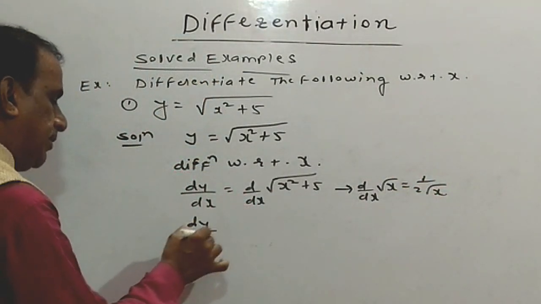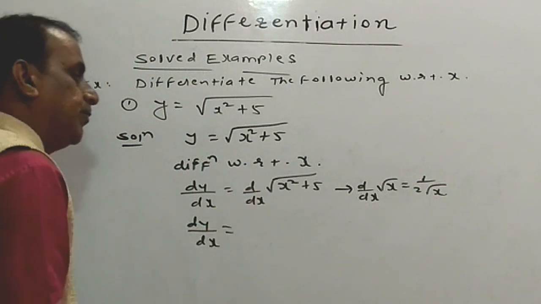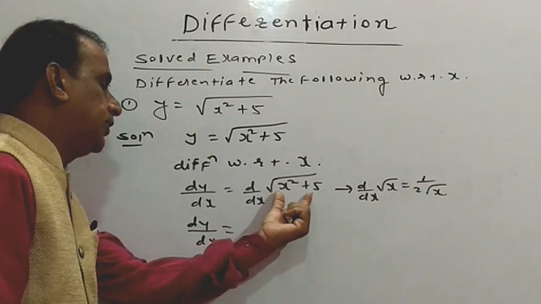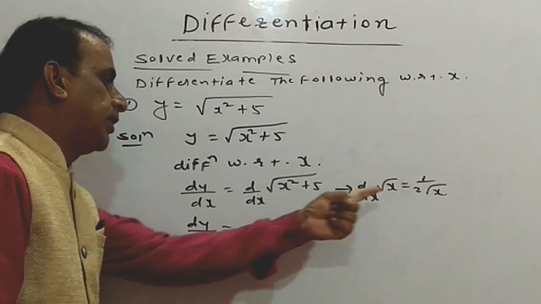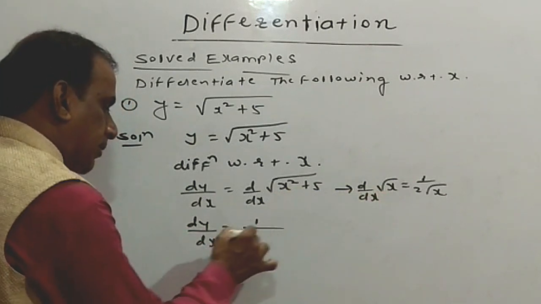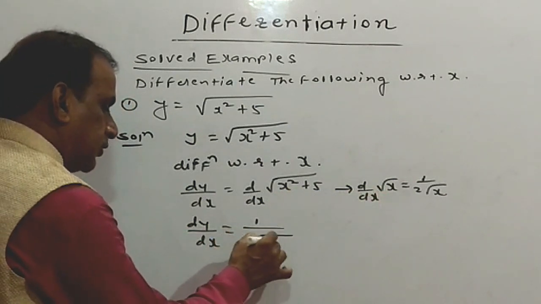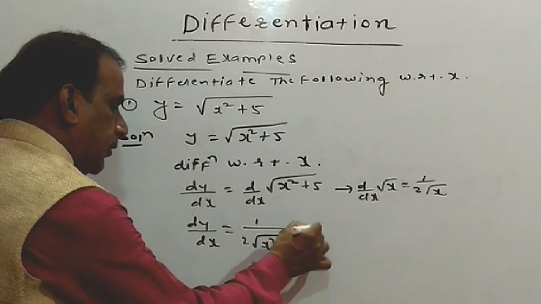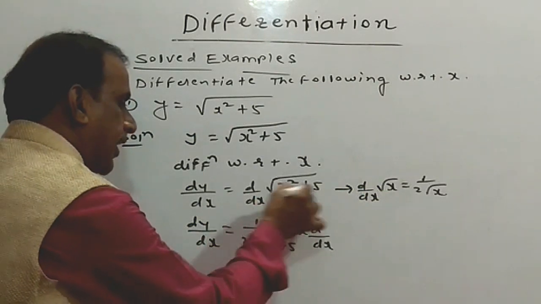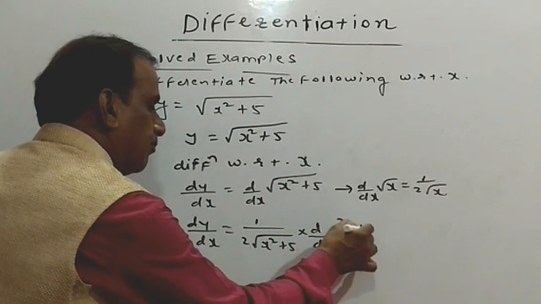Means dy divided by dx is equal to derivative of square root x square plus 5. Apply this formula: 1 divided by 2 into square root x square plus 5 into derivative of x square plus 5.